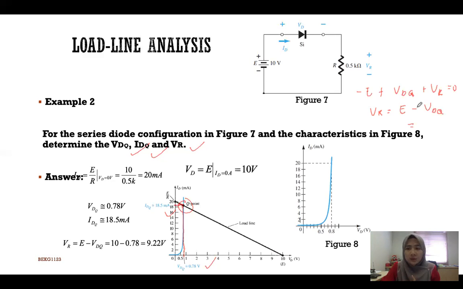So you must take note that in order to calculate the VR, you need to make sure that this is VDQ, which is the diode voltage at the Q point. So 10 minus 0.78, you will get 9.22 volt. I hope that you can understand example 2.